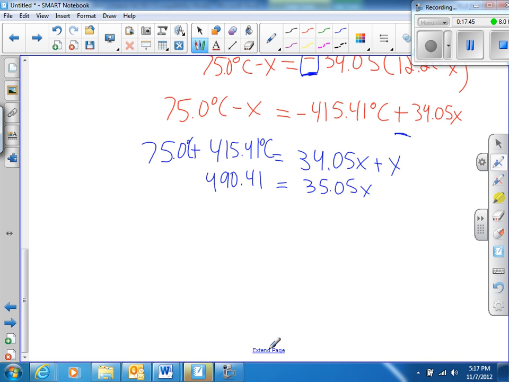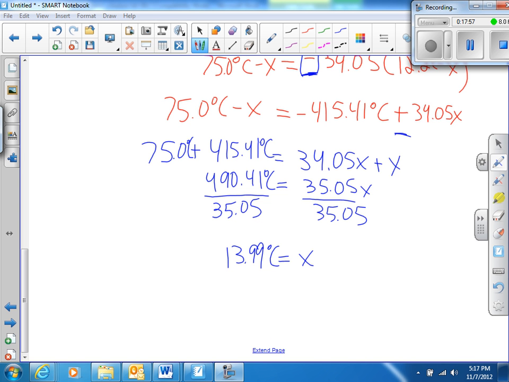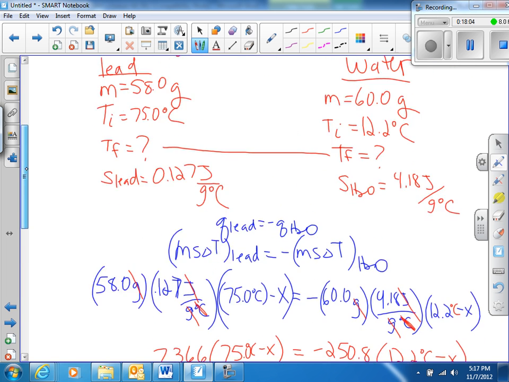Okay. Now I divide both sides by 35.05. And I get x is equal to 13.99 degrees Celsius. But now I have to check all my sig figs. Let's look up here.